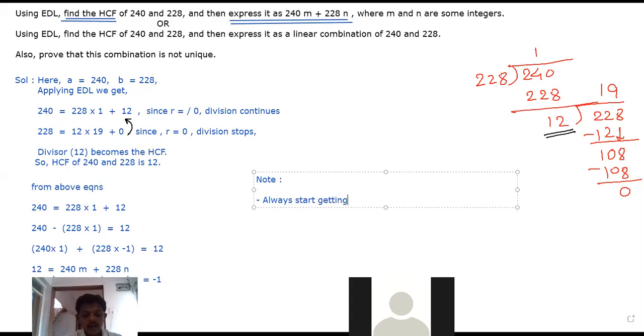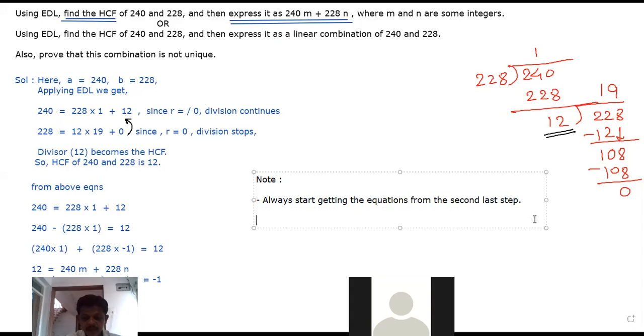Always start getting the equations from the second last step. After the sum is completed, write this note. First write the note, again I am going to explain it.